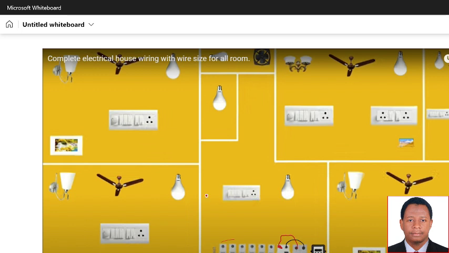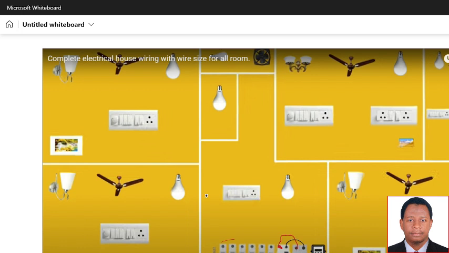Now the neutral will be connected directly to our component. Why? Because since it's a single pole circuit breaker, we will not connect the neutral. We are going to connect only the live. But this one is a double circuit breaker that will connect the neutral.